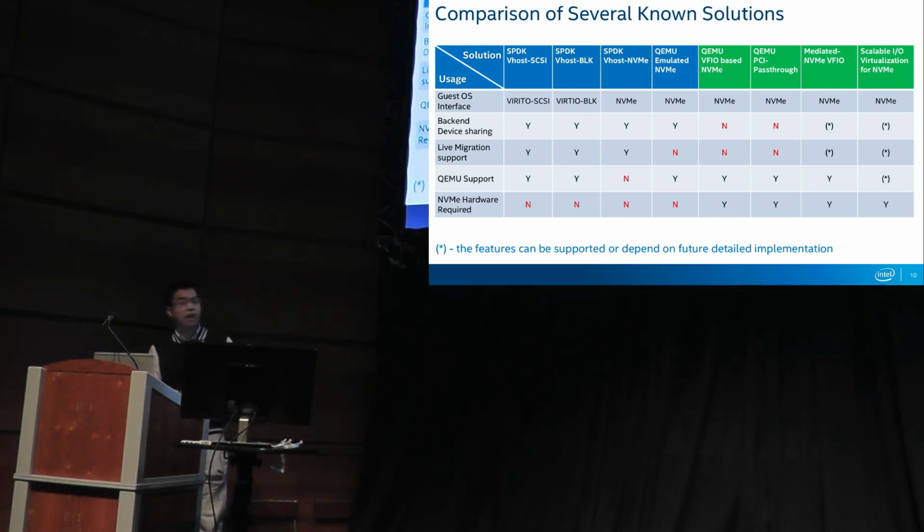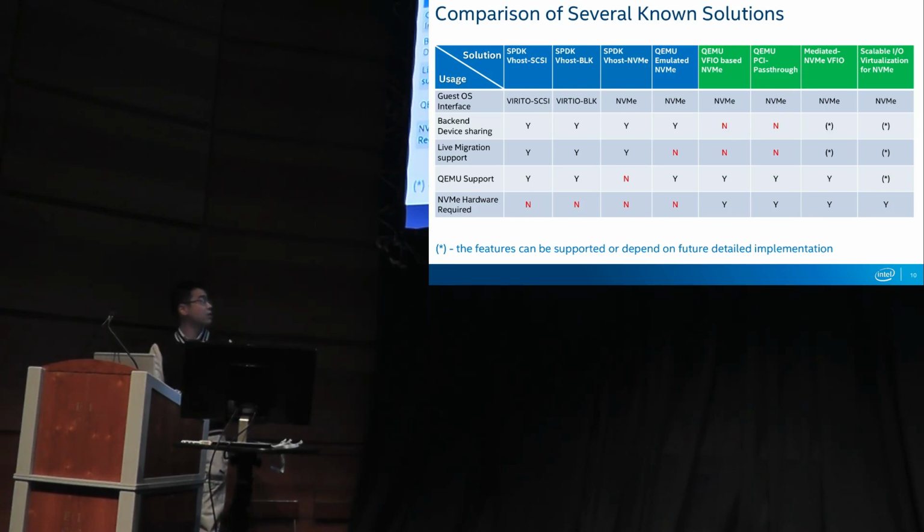From the left side, they are all software solutions. And on the right side, there are 4 hardware-assisted solutions. We compare the guest OS interface, backend device sharing, live migration support, QEMU support, and finally whether NVMe hardware is required.